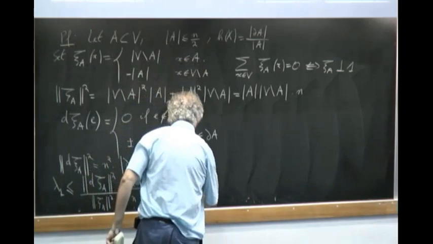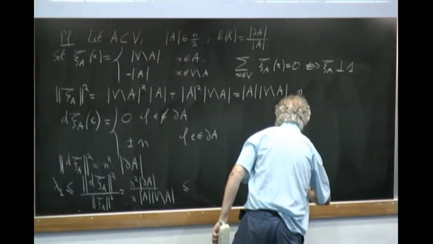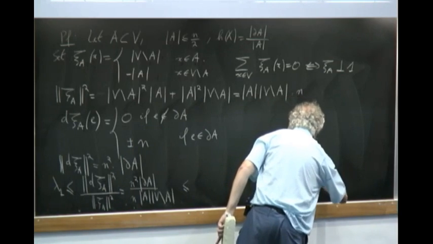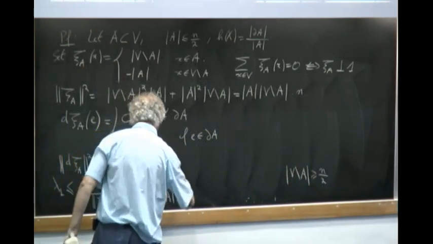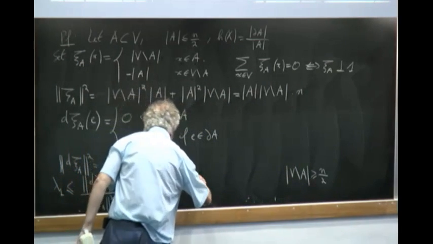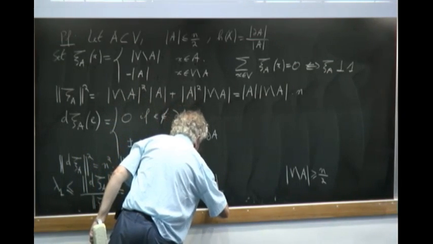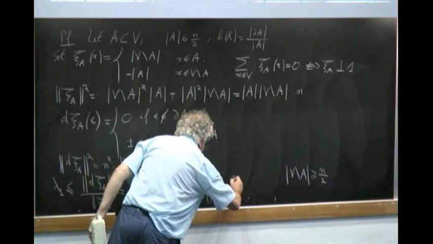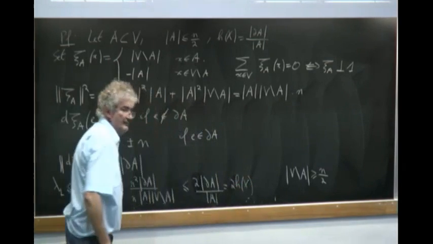So this means that the cardinality of V minus A is larger than n over 2. And using that, you estimate this by twice the boundary of A divided by A. And this is exactly twice h of X. And that's the proof.